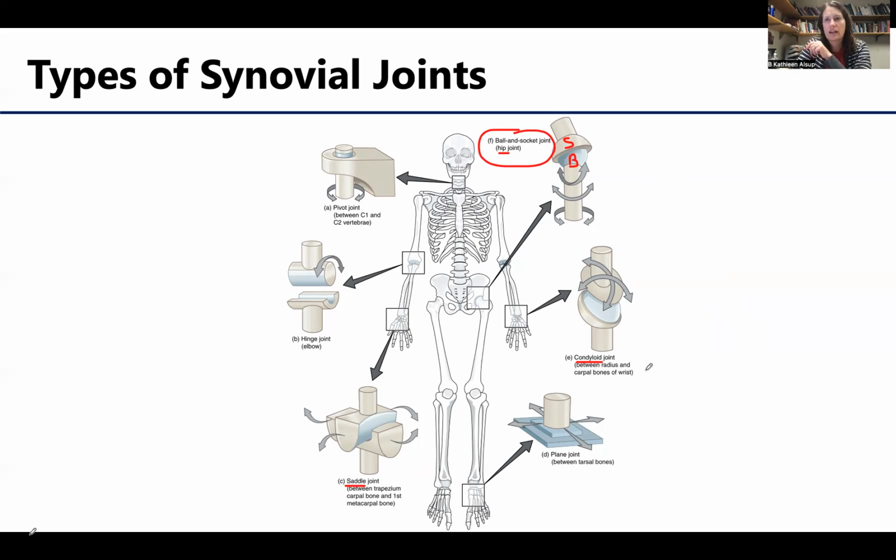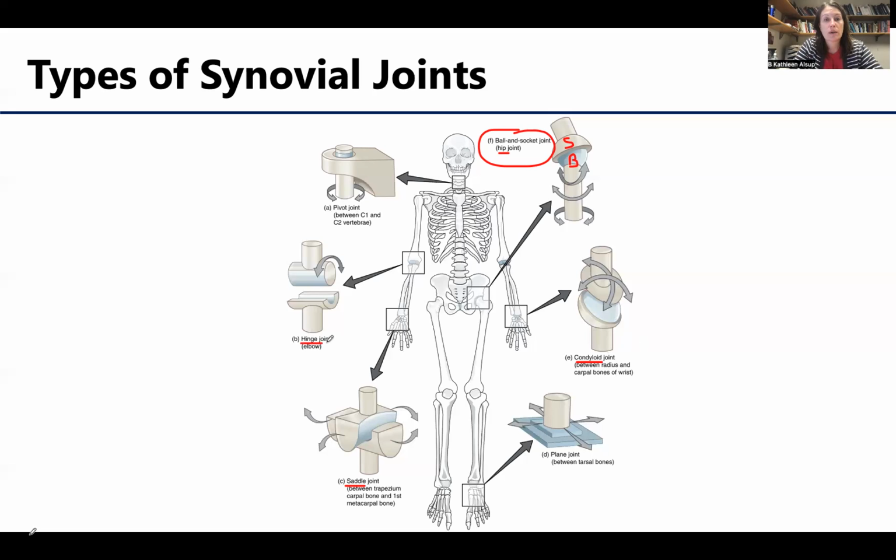Condyloid joints are found throughout the body, but one of the best examples is at the wrist joint, where the radius of the forearm is articulating with the proximal row of carpal bones. So that's a condyloid joint. And these are really named just based on the shape of those articulating bones. So with the saddle joint, one of those bones looks like a saddle, and the other bone sits within that saddle.